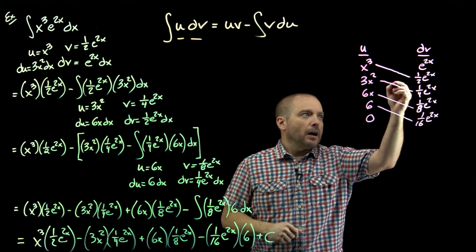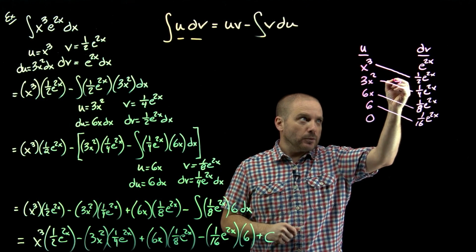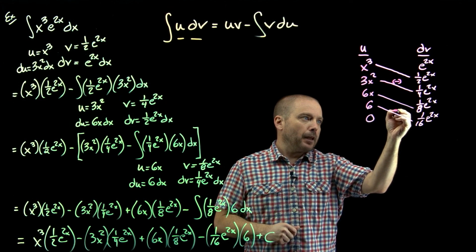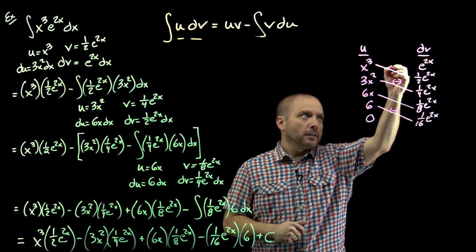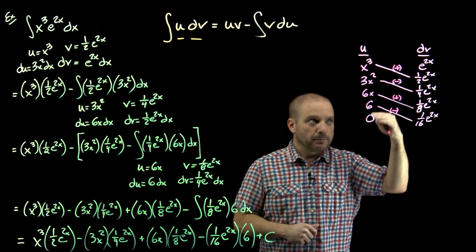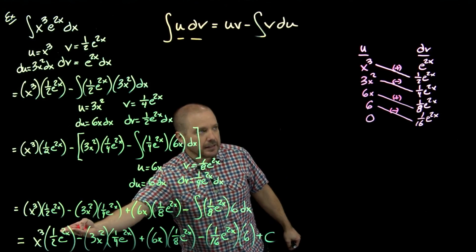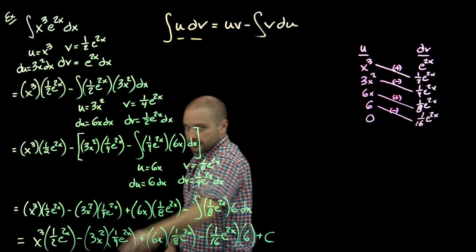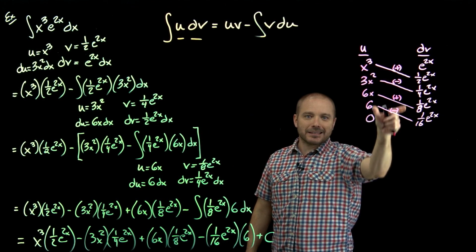So I just make a note to myself that I'm going to have to insert a minus on that one and a minus on that one, just skipping, if you like, plus, minus. And that's exactly what we have here, right?